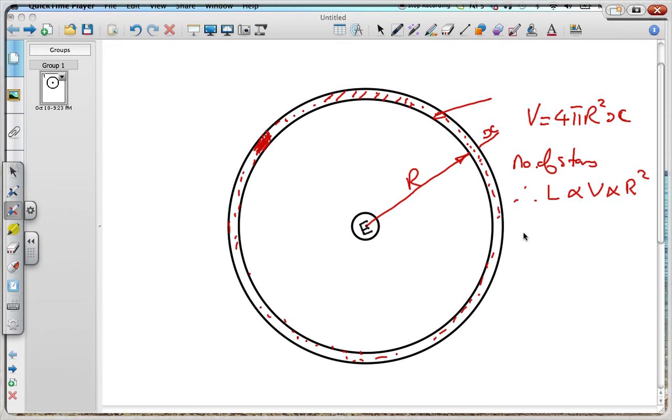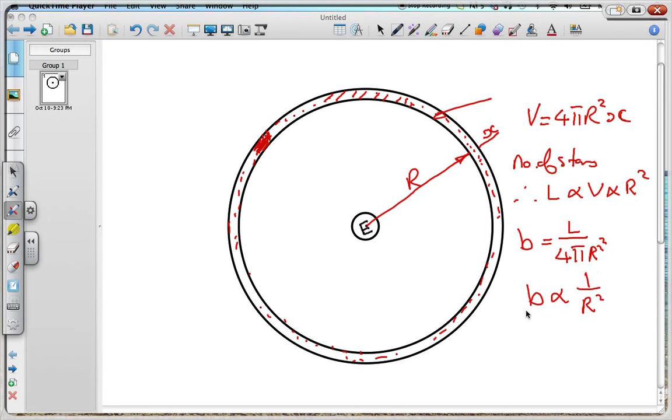Now we also have that the apparent brightness is equal to the luminosity over 4 pi d squared. In this case, instead of using d, we're using r, so r squared. So the brightness is inversely proportional to r squared.